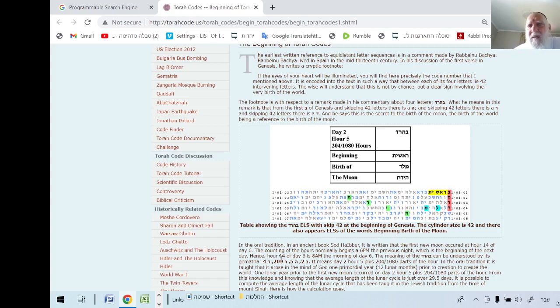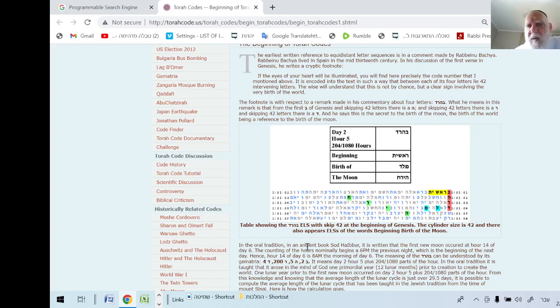In the oral tradition, in an ancient book, Sodai Bur, which in English is called the Secret of the Reapers, it is written that the first new moon occurred at hour 14 of day 6.